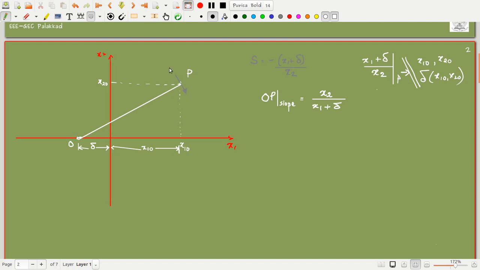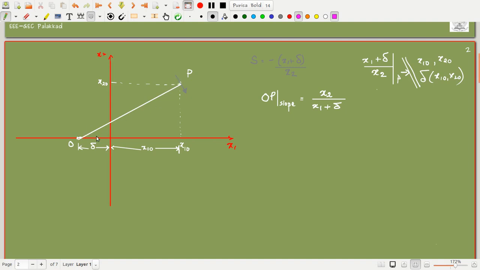So what we are aiming at is to find the slope of this line, right? We don't know the slope; we only know that the slope is minus x1 plus delta by x2. So now if we look clearly at this line, we will try to mark a perpendicular to it.